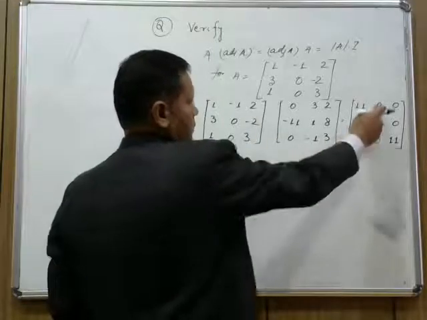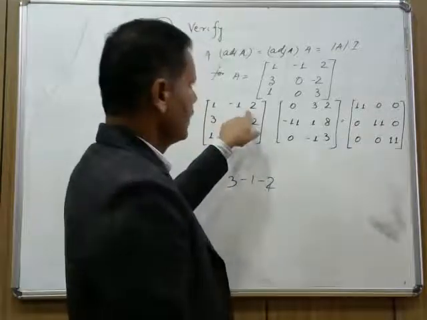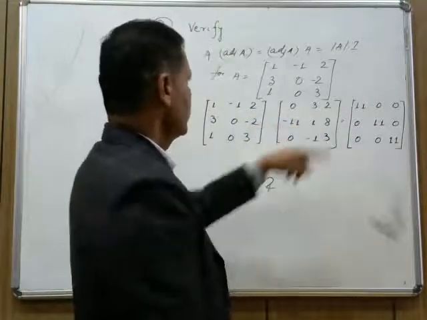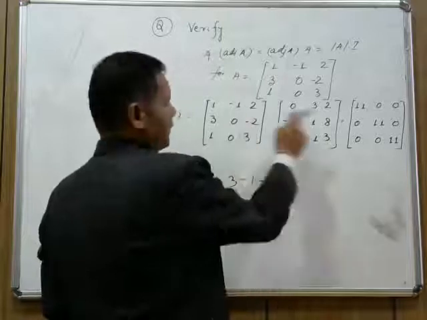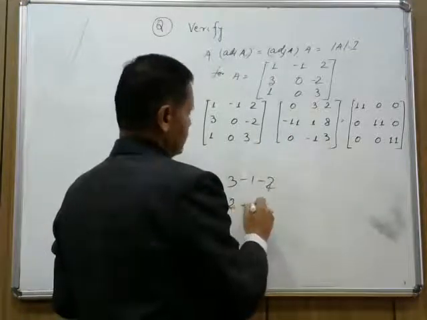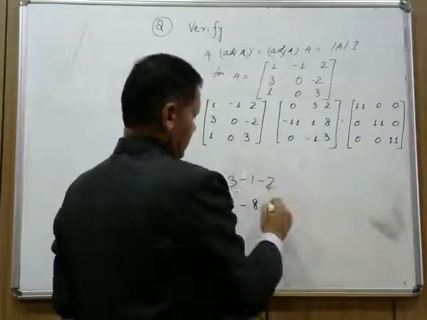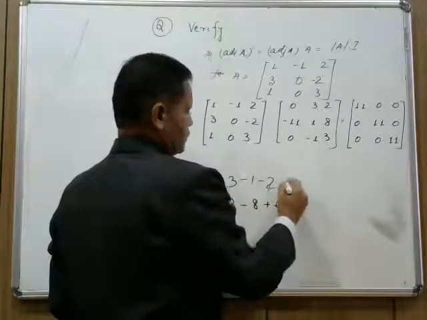It becomes what? 0. That is 0. Now this row again multiply by this column, 1 into 2, 2, minus 1 into 8, minus 8, 2 into 3, 6. Now 6 minus 6, 0, 0.